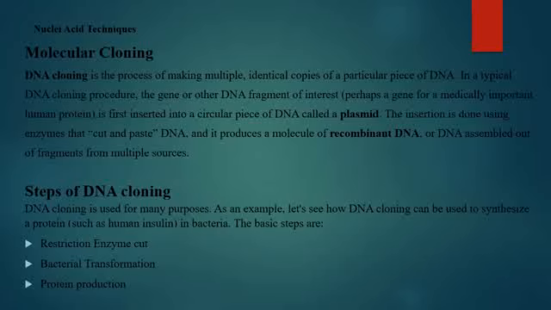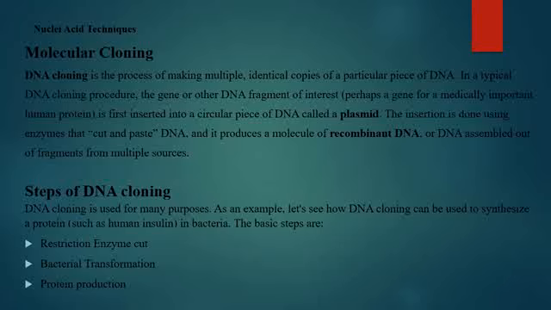Now, in a typical DNA cloning procedure, the gene or other DNA fragment of interest, which is perhaps a gene for a medically important human protein, is first inserted into a circular piece of DNA called a plasmid. Now the plasmid is a circular DNA found in some bacteria.